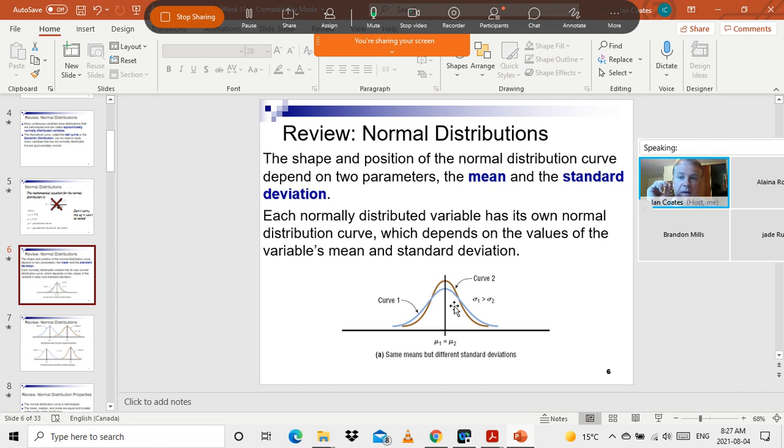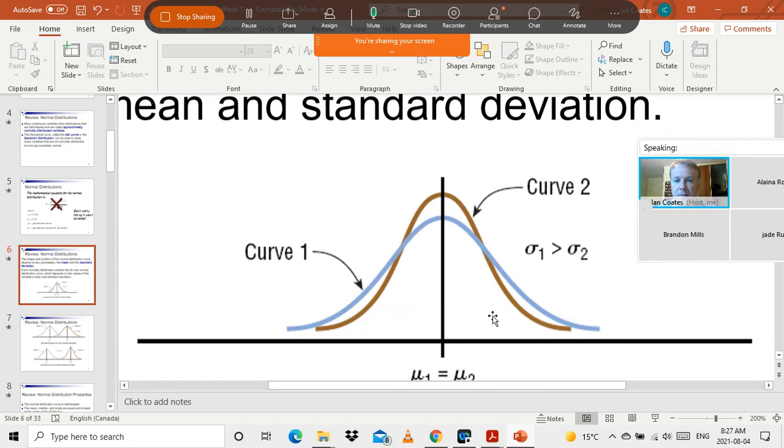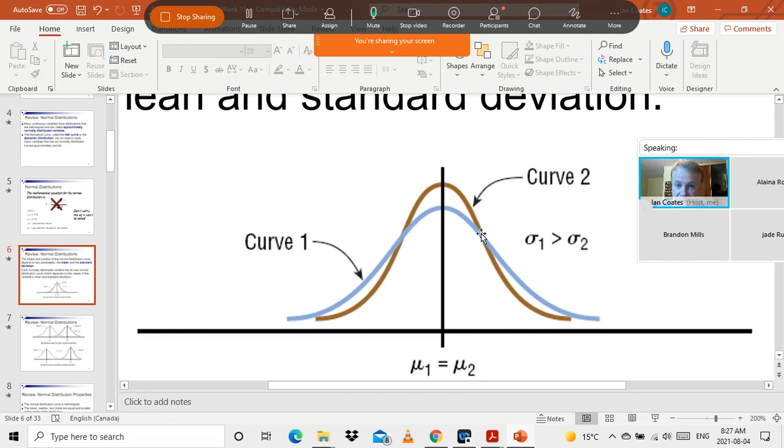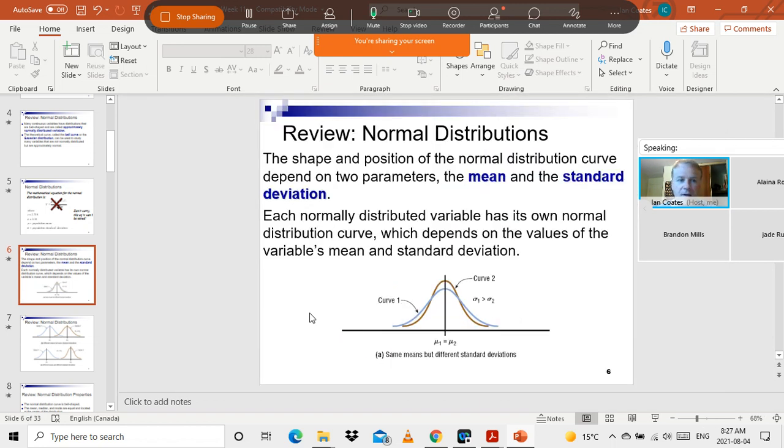Standard deviation is your distance away from the mean. Your first standard deviation is 34% on each side, your second standard deviation encompasses 95%, and your third encompasses 99.7%. We'll get more into these later on.